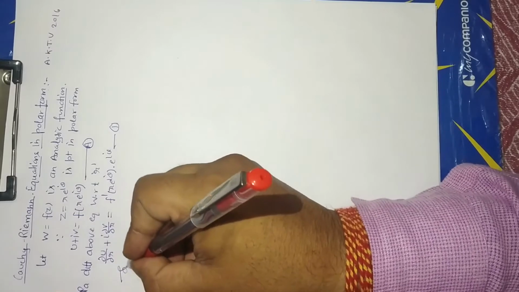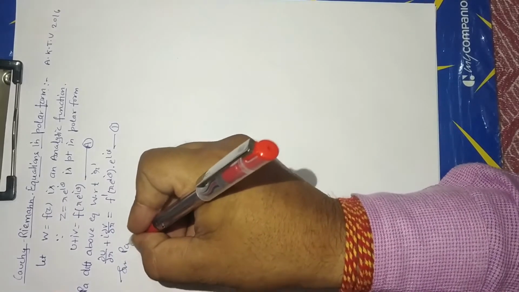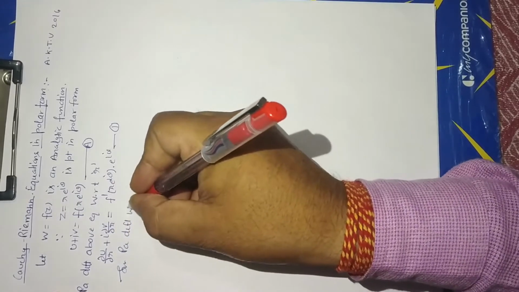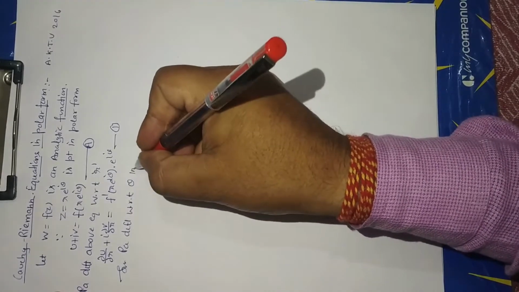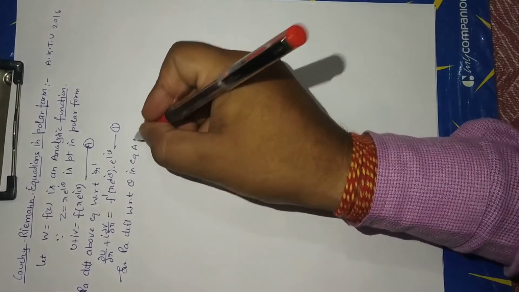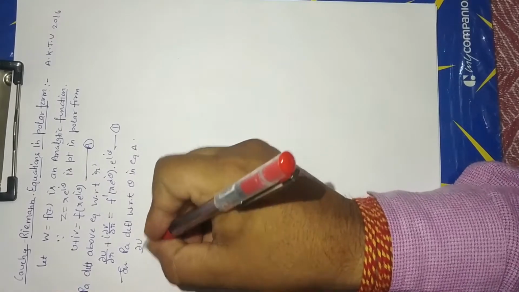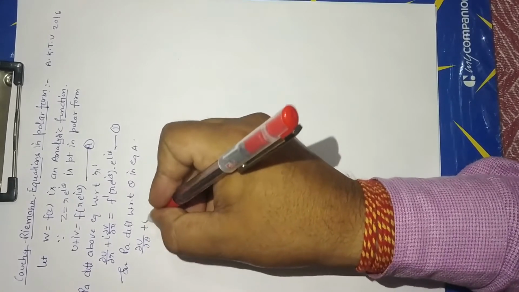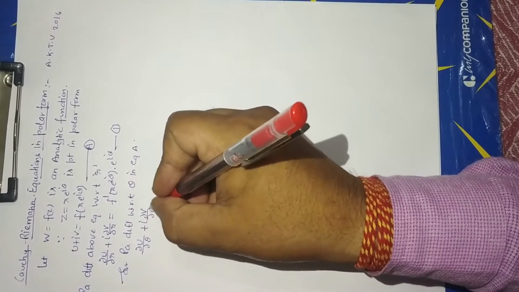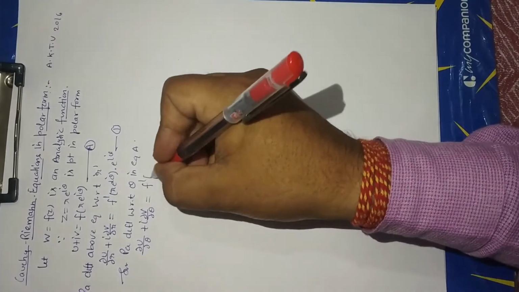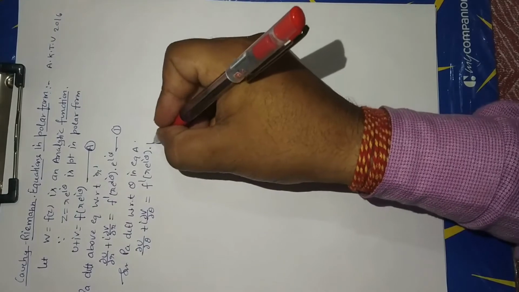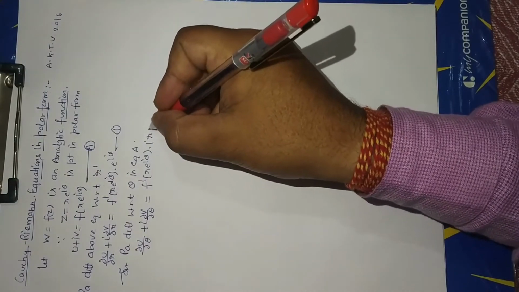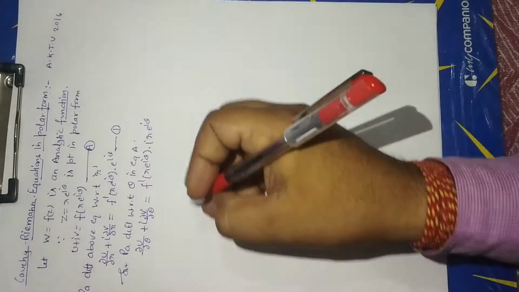Similarly, partial differentiation with respect to theta in equation number A, that is del u upon del theta plus i del v upon del theta equal to f dash (r e to the power i theta) into i r e to the power i theta.